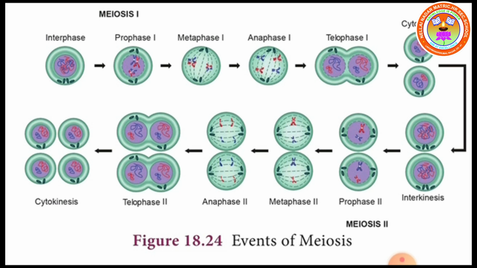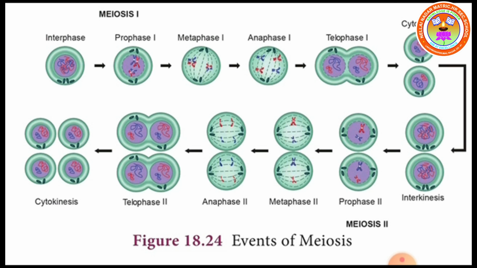Meiosis is further divided into two types, namely heterotypic division or first meiotic division, and the second one, homotypic division or second meiotic division.